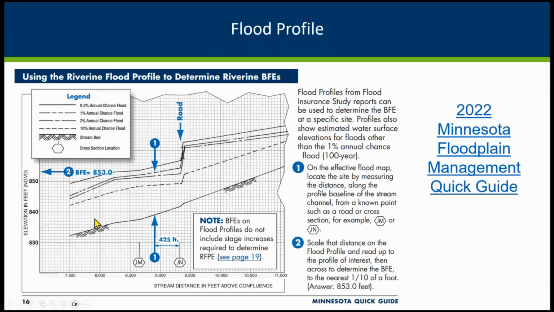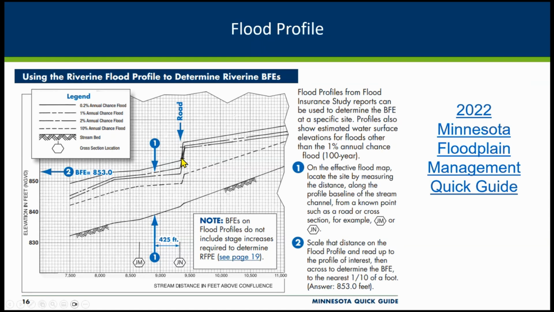Other main thing to be aware of for detailed studies is there will be a profile in the back of the flood insurance study, and there might be several pages for a certain water course. So it'll have the distances noted at the bottom and where the cross sections are. It'll also have roads and culverts, and usually the bottom is the bottom of the roadway, the road crossing, and the top will be the driving surface.